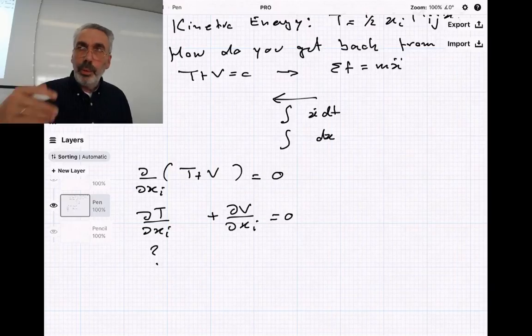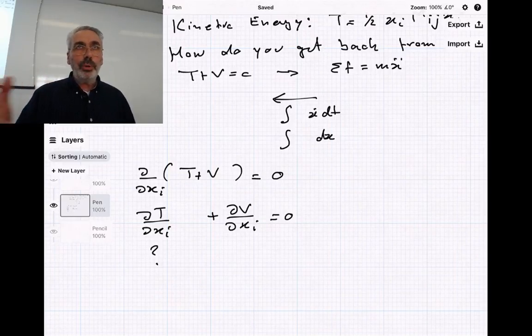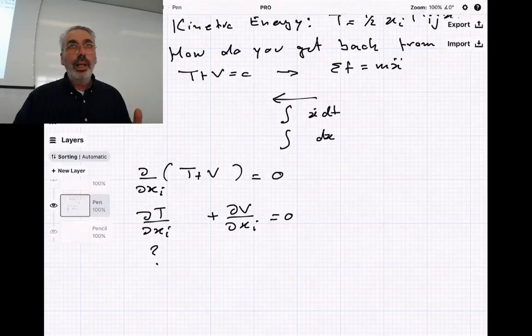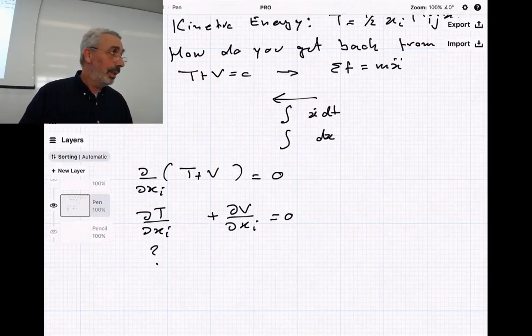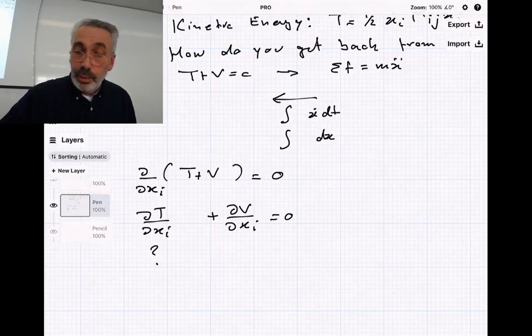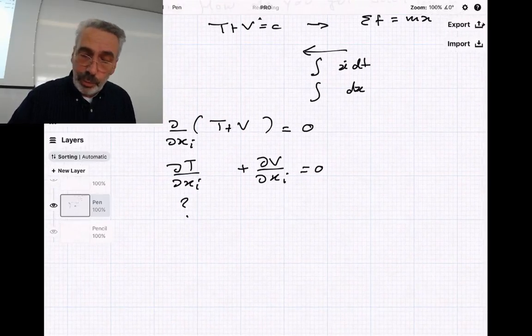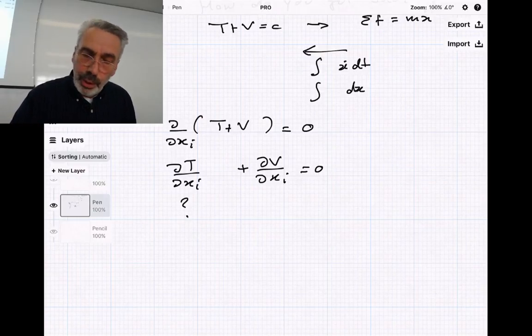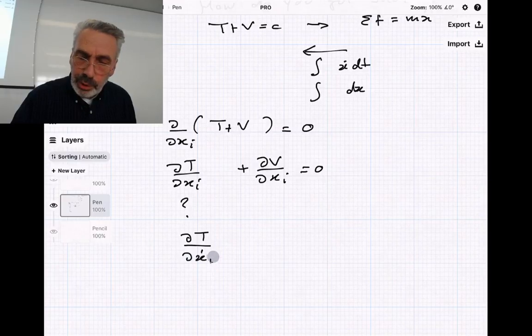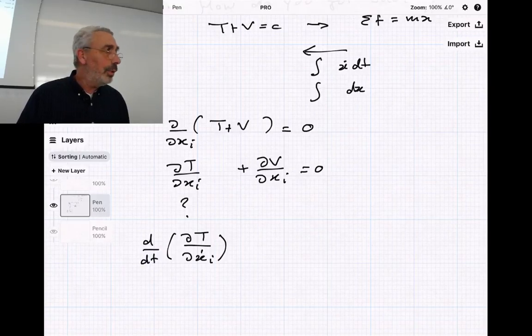Well, remember, when we did the integration, we also changed our integration not to distance, but to speed. Since the kinetic energy is a function of speed, we have to do the differentiation in a slightly different manner. We have to differentiate with respect to the speeds, but then we have to take the differential with respect to time to get rid of this time.